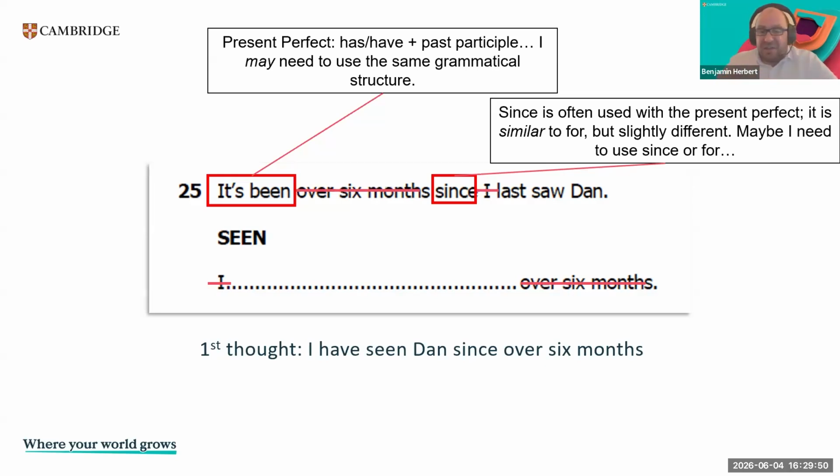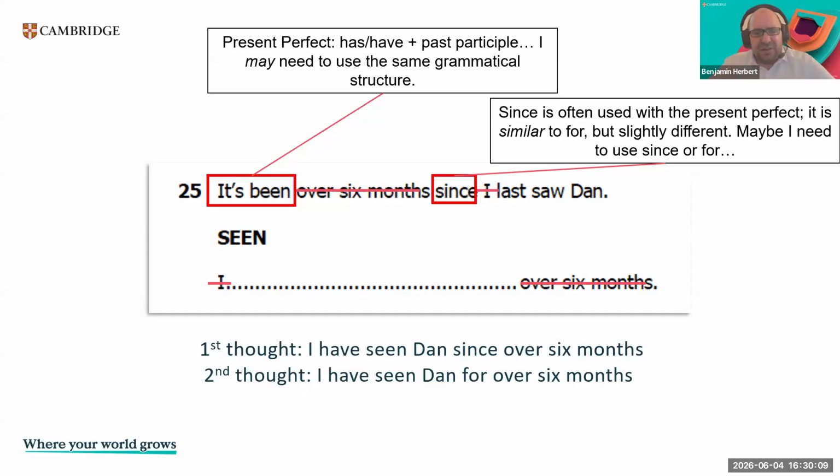So we might have something like this. "I have seen Dan since over 6 months." Okay, that's got that information there, but it's not grammatically correct. So I might then elicit from the class, this is a good idea, we've got the information there, but how can we correct this? We can see here, we've got the present perfect.